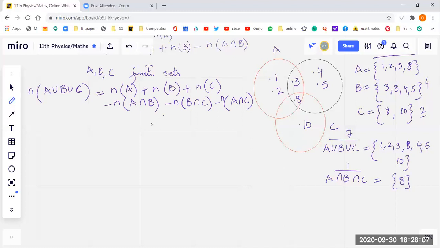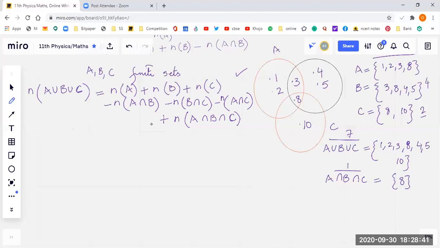And here it is plus, interestingly, number of elements of A intersection B intersection C. First we are going to just prove it with numbers, and then we will have another route of detailed proof of this. Once we prove it, there are so many twists and turns we'll be taking, and that will help you in depth in the concepts.